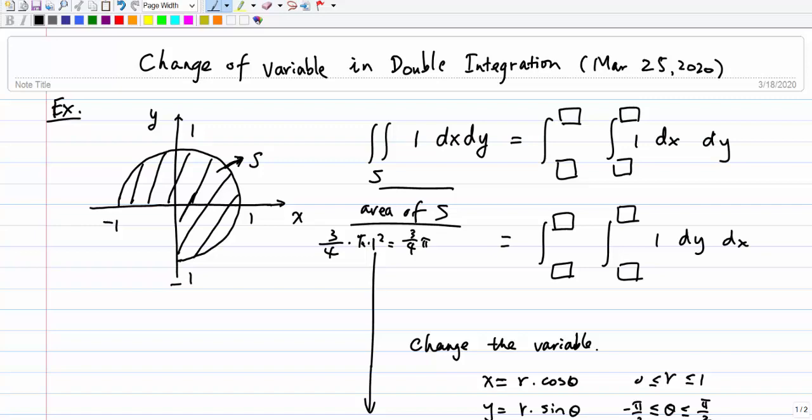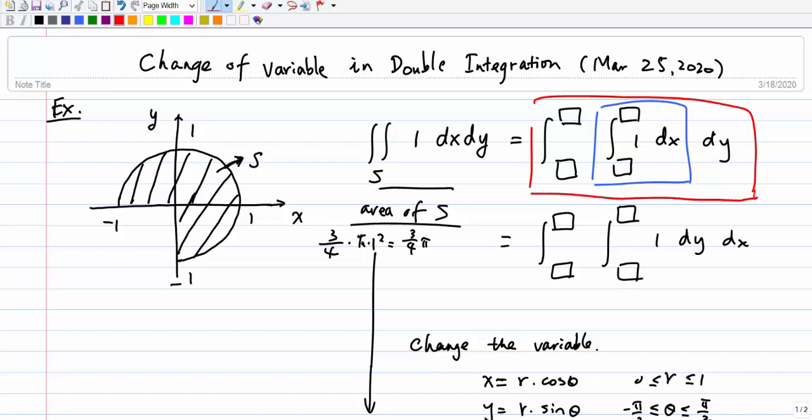What I mean by this is, if you use the previous method I mentioned for the double integration, this can be written as an inner integration, given by the blue box, and an outside one, the red one, which is the external integration.